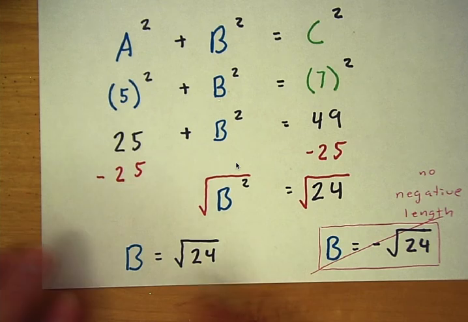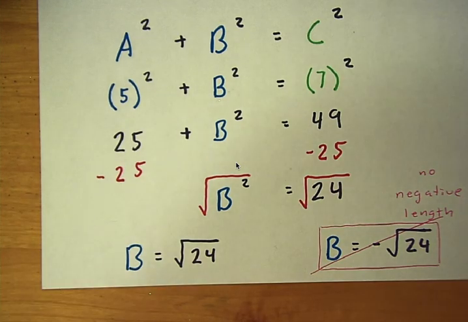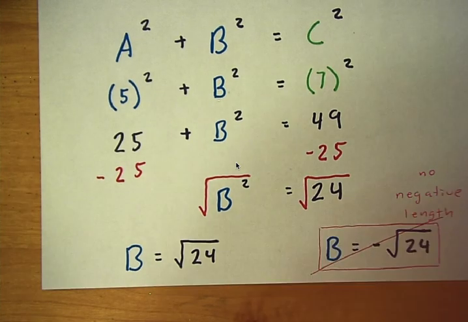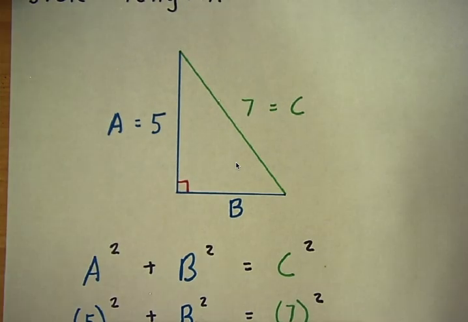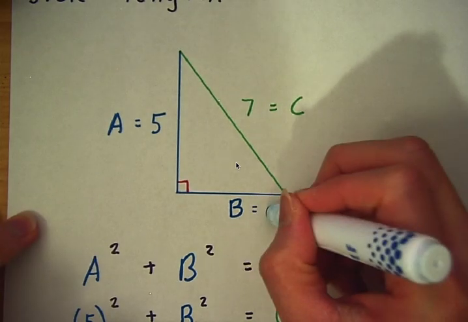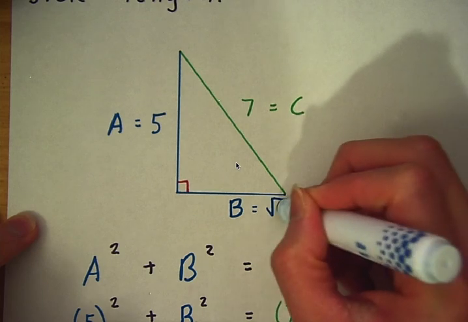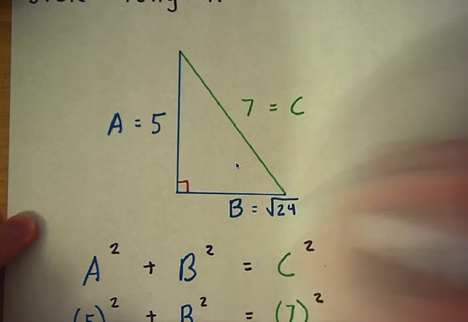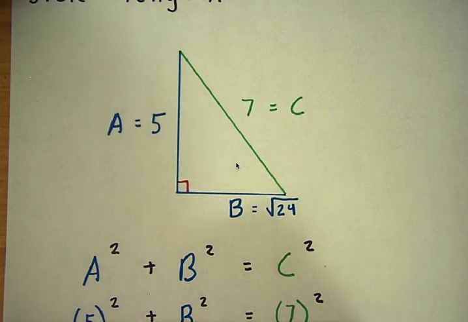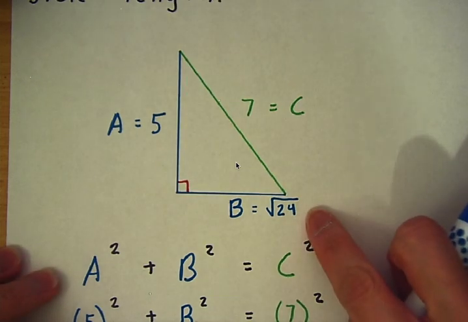So b is equal to square root 24. You can, if you want, simplify square root 24. If you want to simplify square root 24, this is equal to 2 times square root 6.